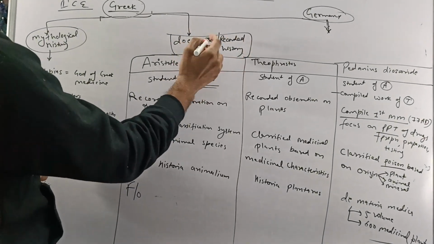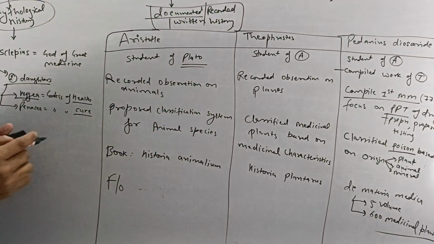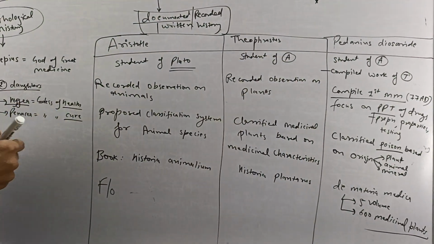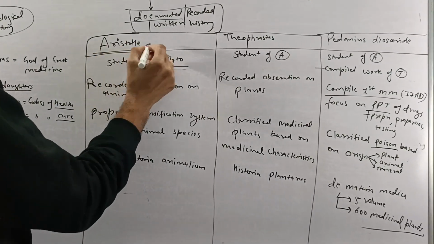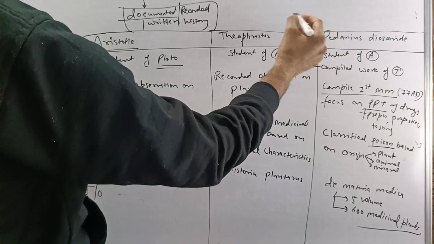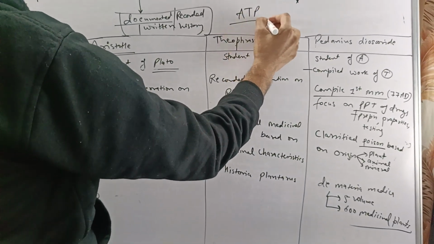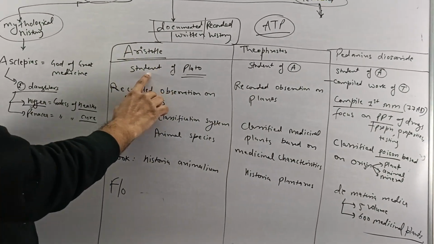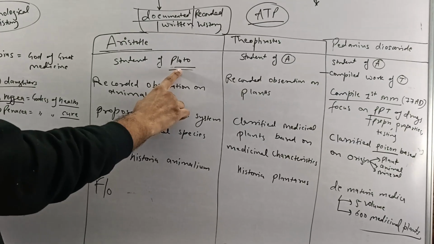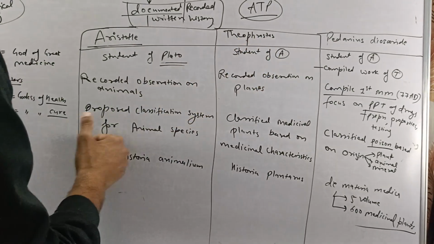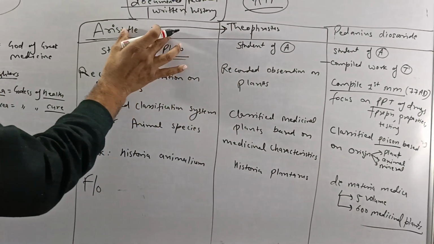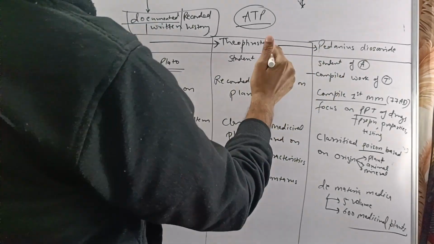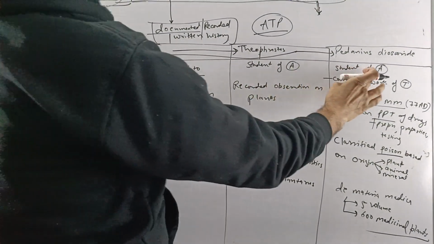The important one is the documented or written record. These are three Greek philosophers or physicians: Aristotle, Theophrastus and Pedanius, like 3 ATP, where Aristotle was a student of the philosopher Plato, Theophrastus is a student of Aristotle, and Pedanius Dioscorides is also a student of Aristotle.